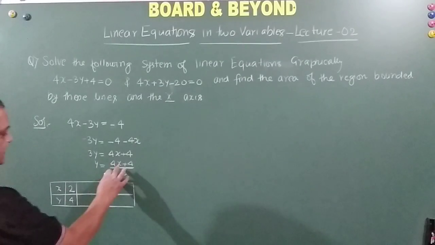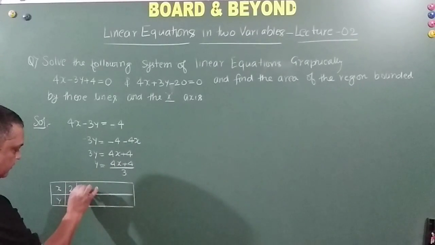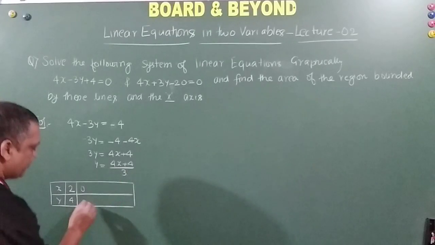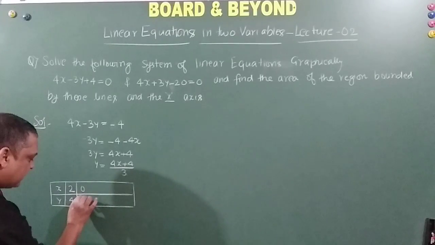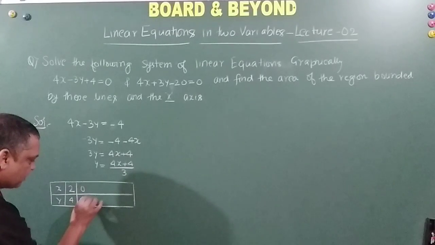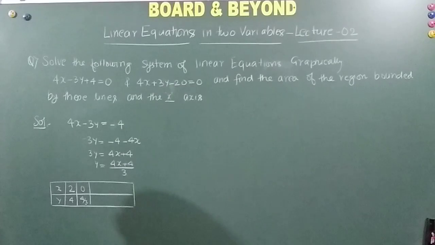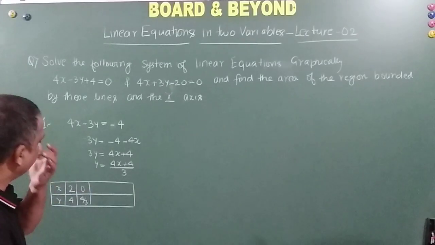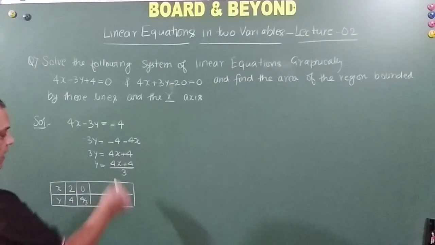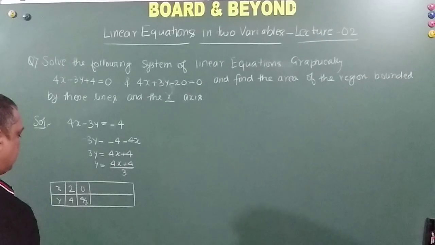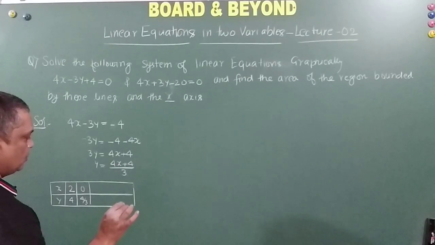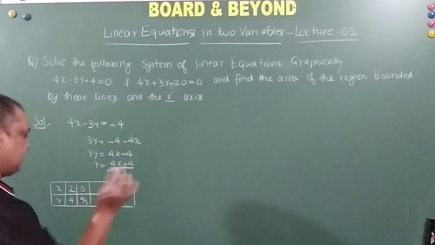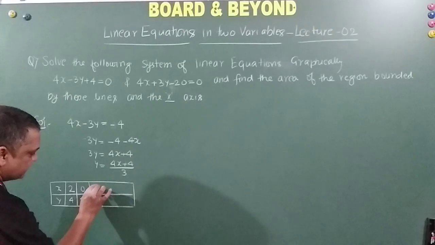Let us say x is equal to 0. What does it become? 4 by 3. Let it go in fraction, no problem, we will plot fractions only. Let us take some negative value of x, let's take x is equal to minus 3.